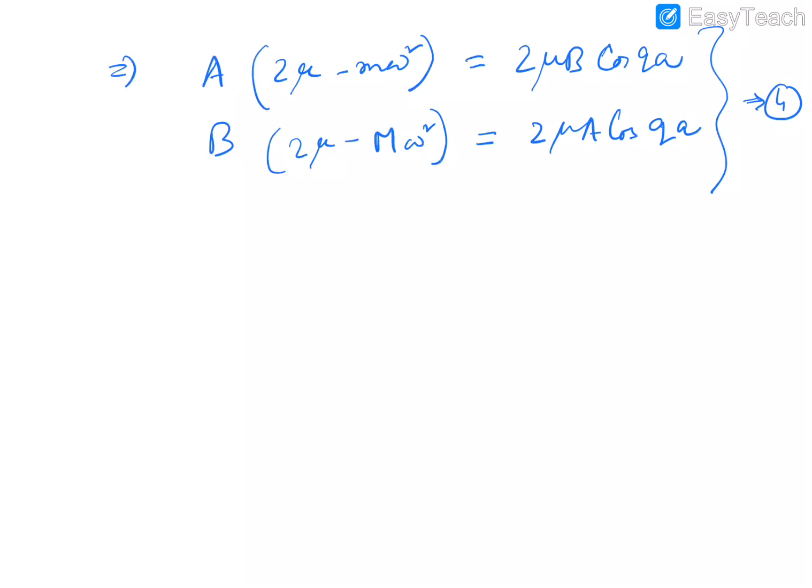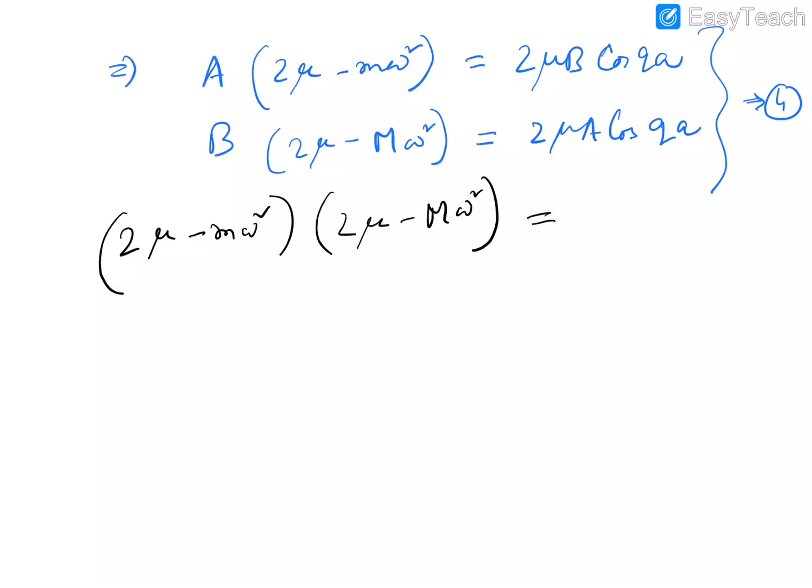So which we are now trying to solve. To solve this for omega square, we'll find that 2 mu minus m omega square times 2 mu minus capital M omega square would be equal to 4 mu square cosine square qa, from 4.